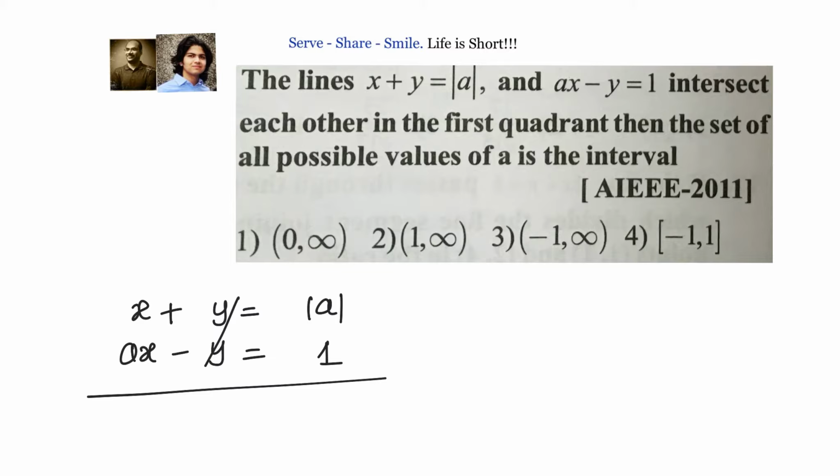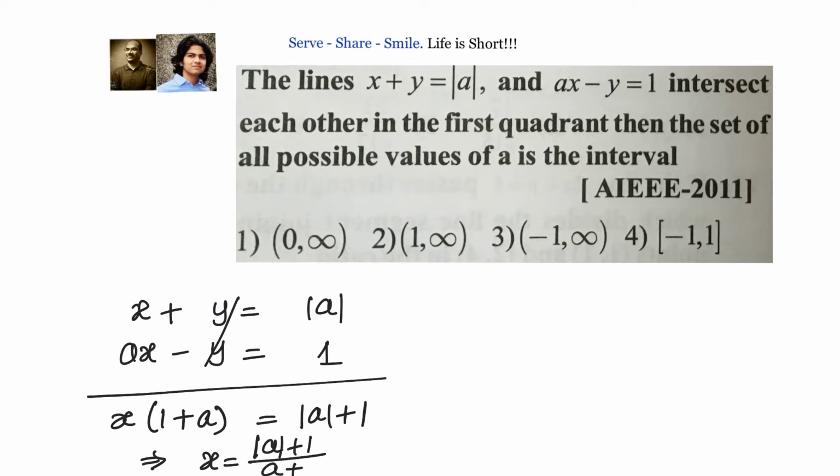We will have x into (1 plus a) equals mod a plus 1, or we can write x equals (mod a plus 1) divided by (a plus 1).